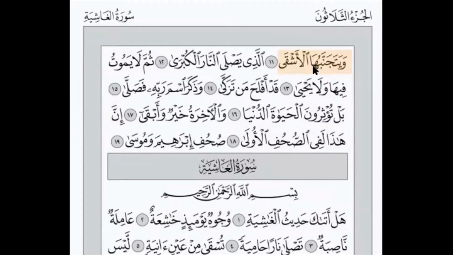However, we don't extend it in this case because of what comes next. What comes next is a lam qamariya, idhar qamari. We make it clear. But because this is an alif mud and we have a sukun here, so there are 2 sukuns. Because this is an alif mud, we drop it. So we go straight from the ha with the fatha to the lam. وَيَتَجَنَّبُهَا الْأَشْقَى.